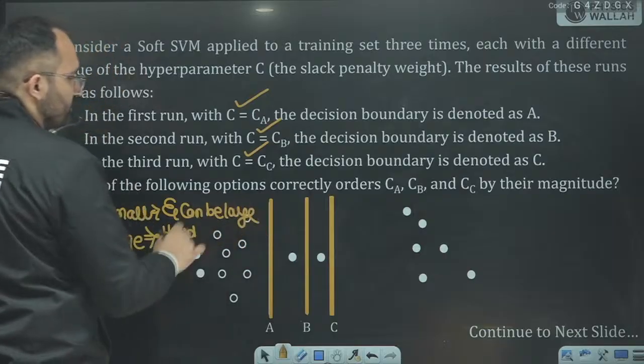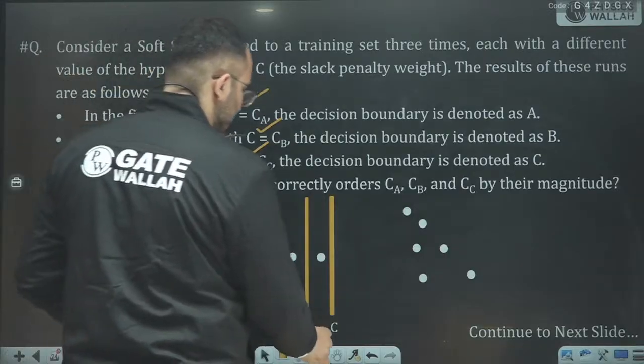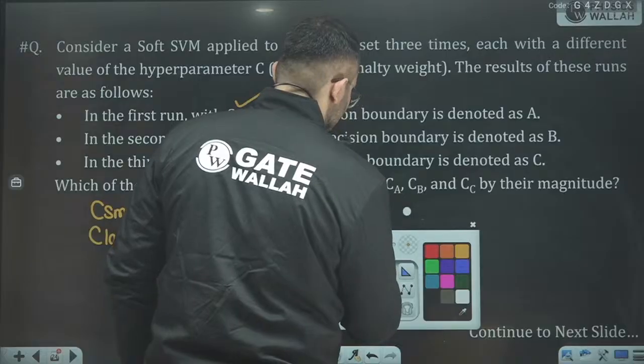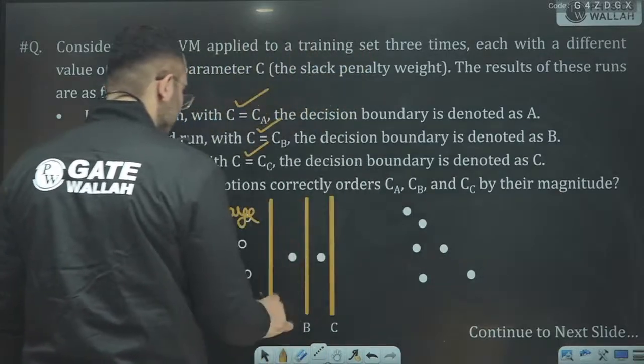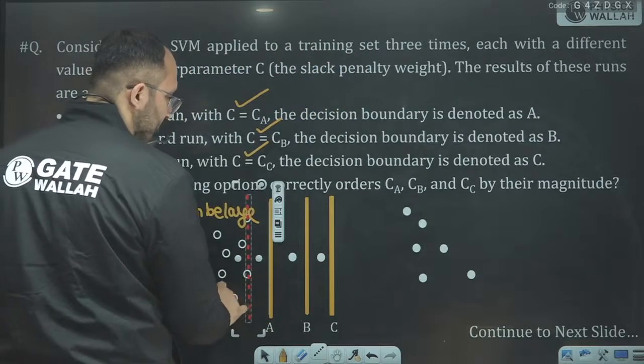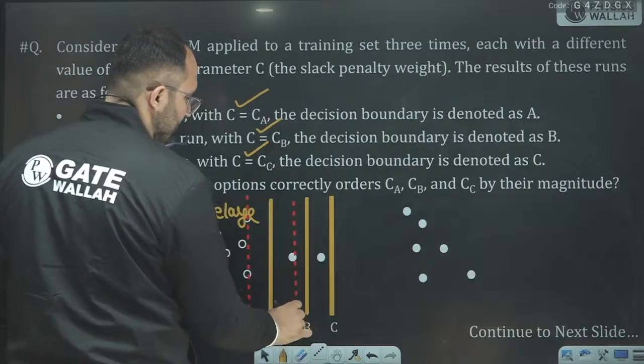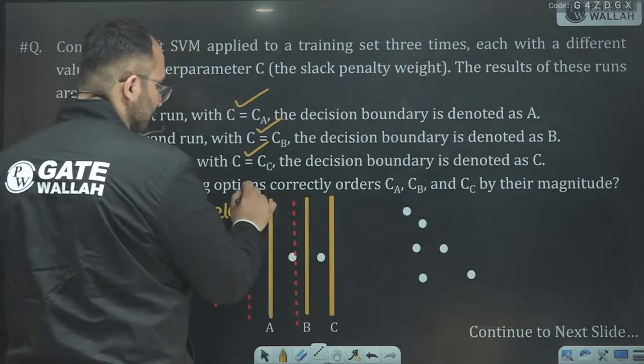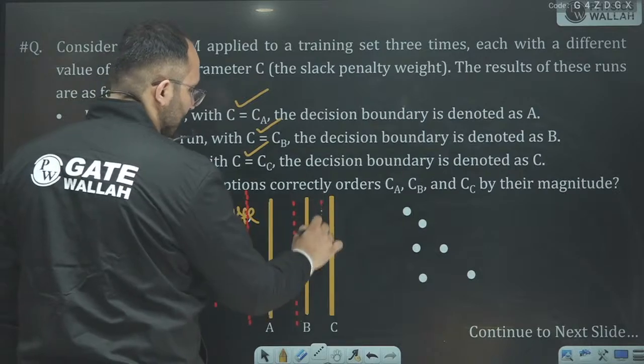Okay, so here we can see that if we take this as a classifier A, then this will be the marginal plane and this will be the marginal plane. If B is a classifier, then this will be the marginal plane and this will be the marginal plane.